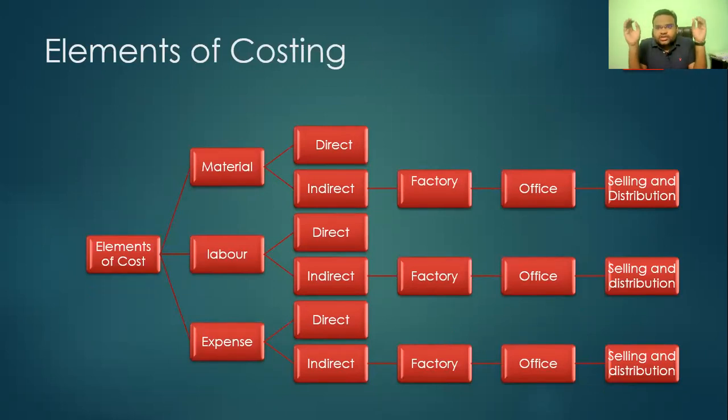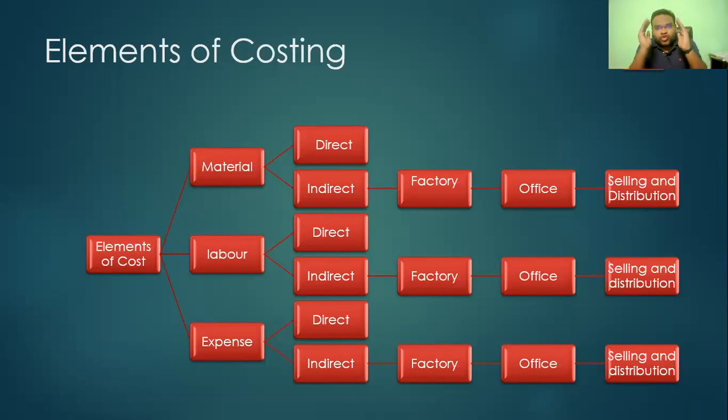All our 15 chapters, excluding the introduction, would be either of elements of costing, like the material cost chapter, labor cost chapter, overheads chapter, or of methods of costing, like the job costing chapter, contract costing chapter, or process costing chapter. The third is techniques of costing, like marginal costing, standard costing, budgets, all these.